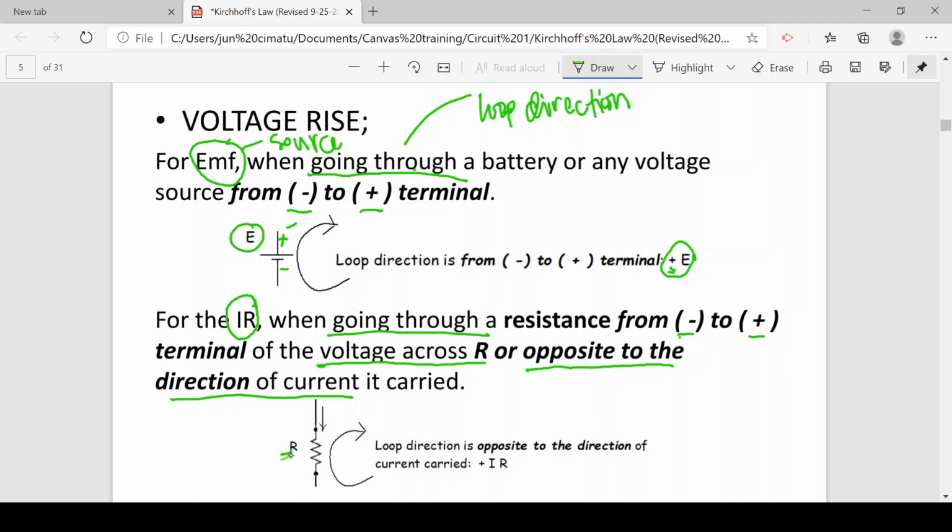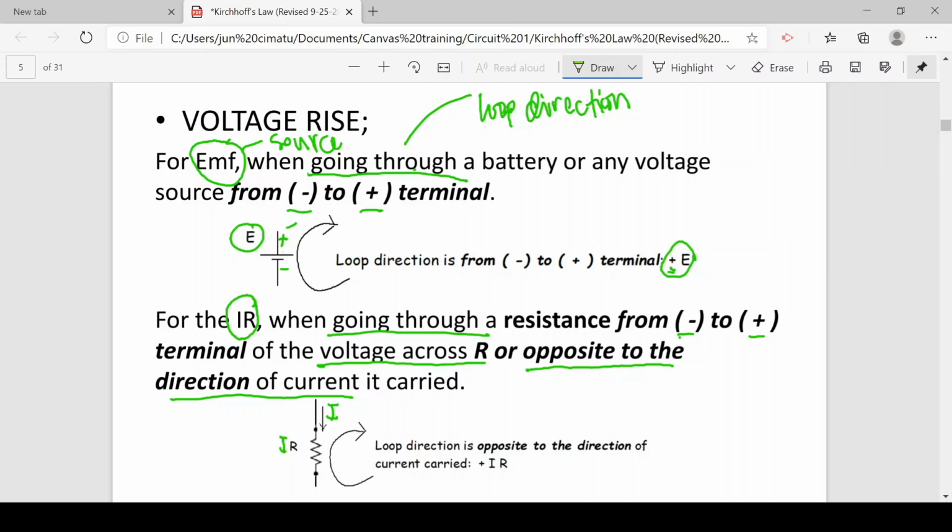Say we have here R, this is the R, and we have here the current going downward. If we are going to determine the polarity of the voltage in the R, which is I times R, so this is I times R, which is the voltage across the resistor, and the current enters into this terminal.